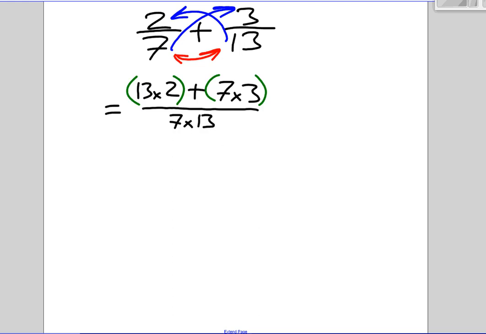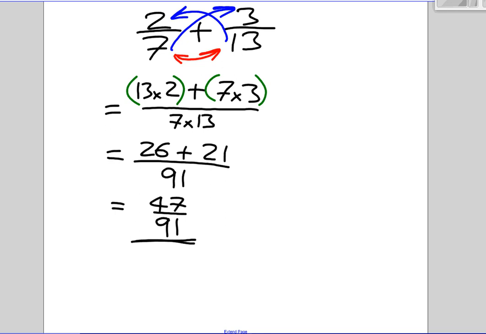Okay, so now I'm just going to go through it. 13 times 2, 26, 7 times 3, 21, and 7 times 13, what's that, 91, I think? Let's see. Oh yeah, well done, Tommy boy. Right, so we've got our bottom sorted out. On the top, you're either adding or subtracting. We're adding on this occasion, so 26 add 21, what do you get?